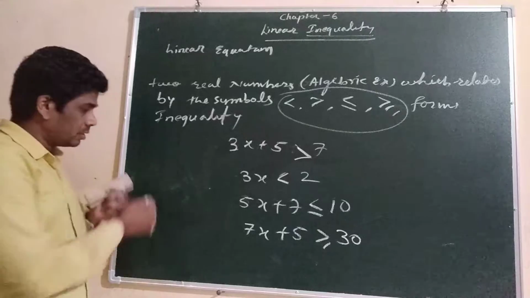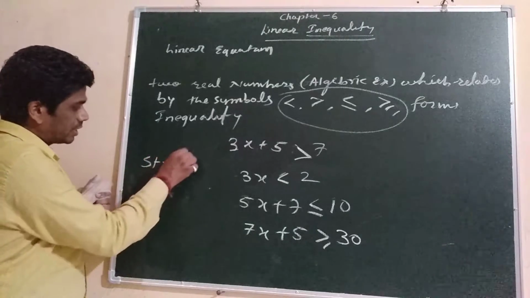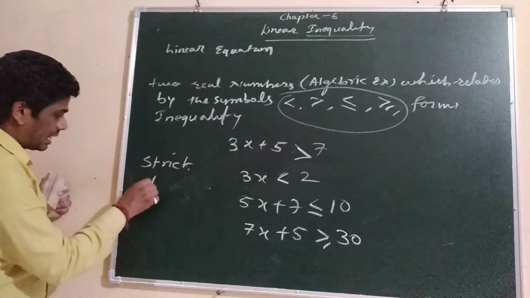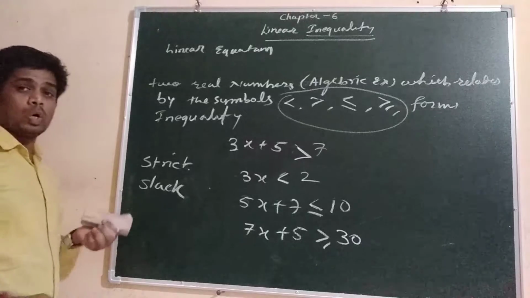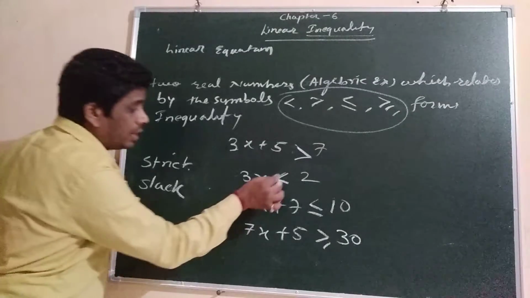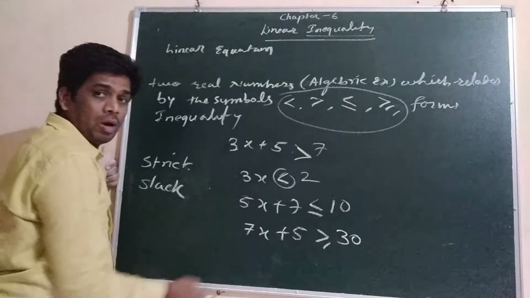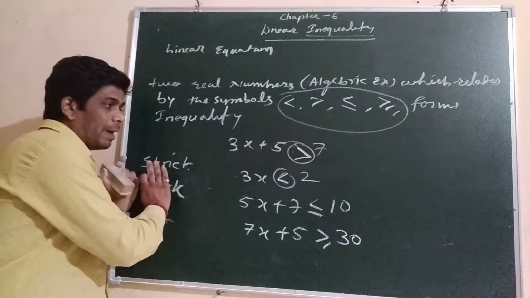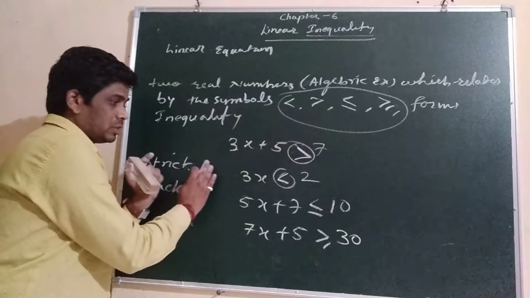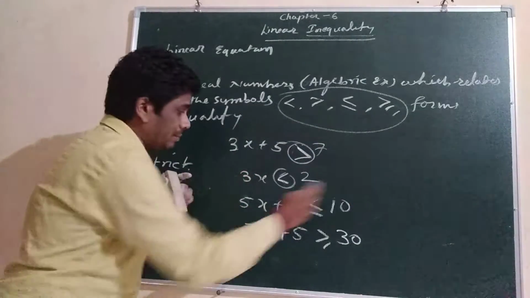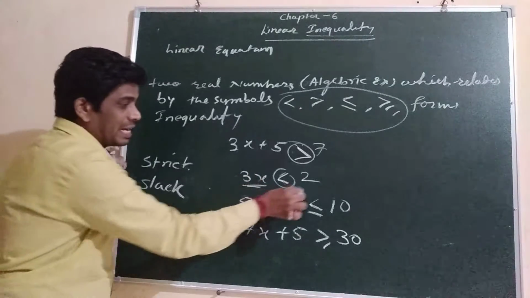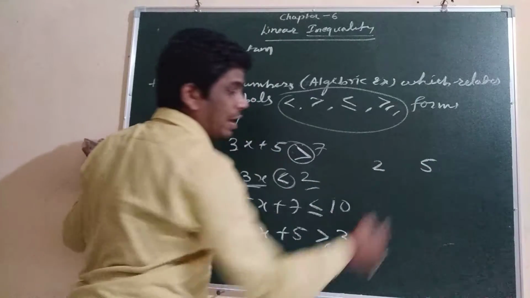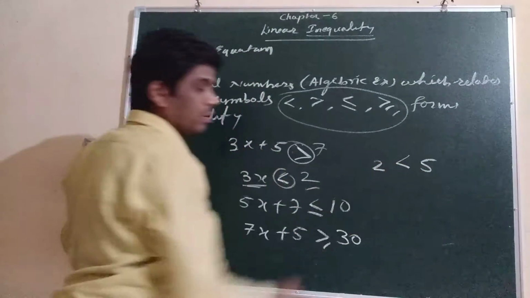There are two types of inequality. One is strict inequality, and another is slack. Strict inequality means where only the less than symbol or greater than symbol is given. We always represent the symbol by relating left to right. If you compare 2 with 5, we will use the less than symbol.